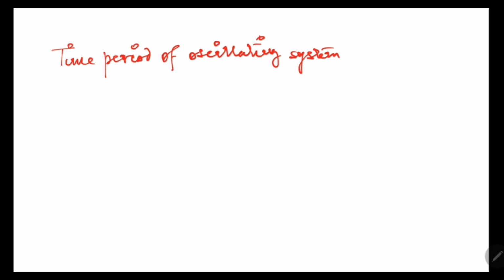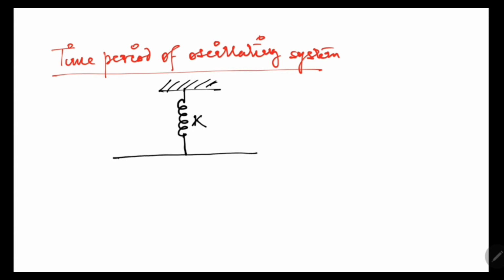Today we will discuss the time period of oscillating systems involving rotation. First of all, consider a spring of spring constant K attached at the center of the rod, as shown in the figure.